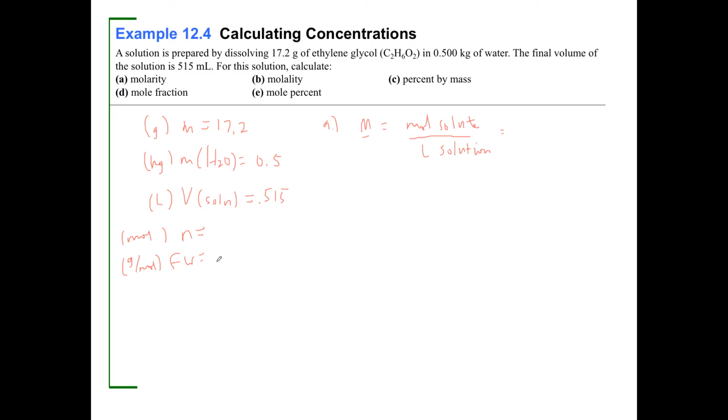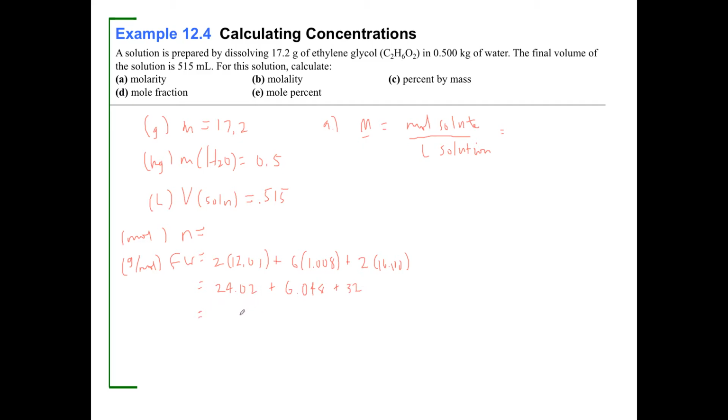The formula weight is equal to 2 times carbon plus 6 times hydrogen plus 2 times oxygen, which is equal to 2 times 12.01, 6 times 1.008, and 2 times 16.00, which is equal to 24.02 plus 6.048 plus 32.